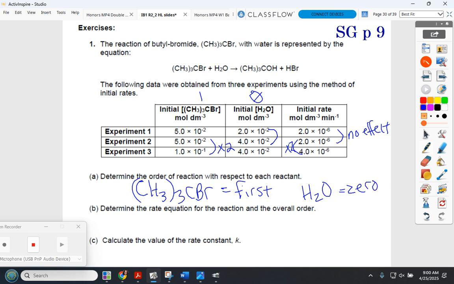All right, so how would you then write a rate equation for this if that was the case? Somebody besides Nigel. So we know the orders of reaction, right?